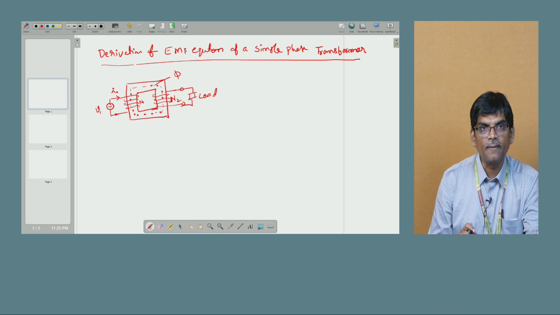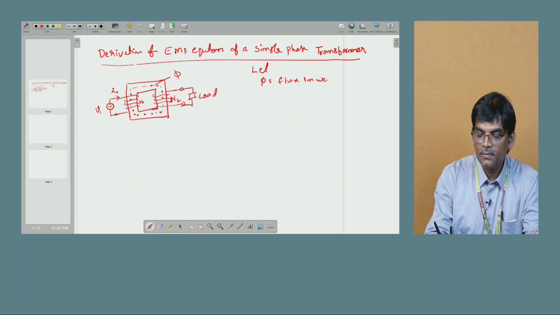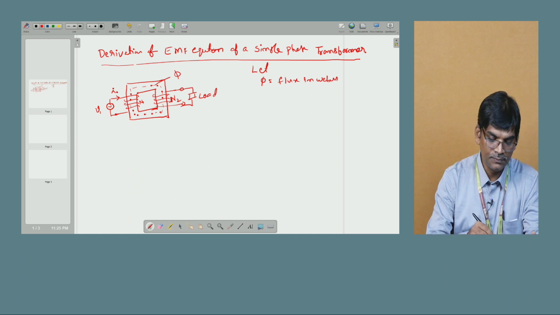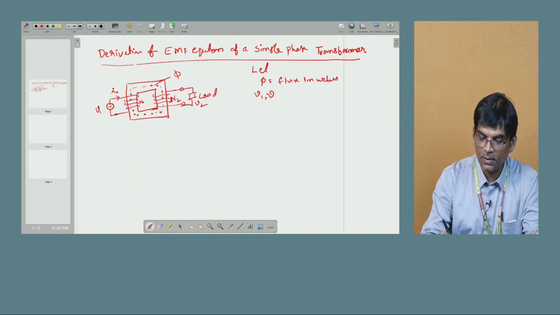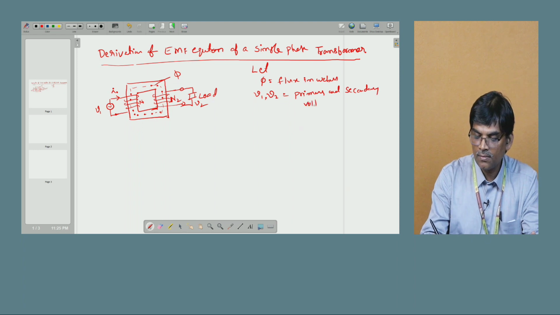In this derivation, I have to use many parameters, so let us first denote them. Here the flux is the instantaneous value, in Webers, and v1 and v2 are the instantaneous primary and secondary voltages in volts.